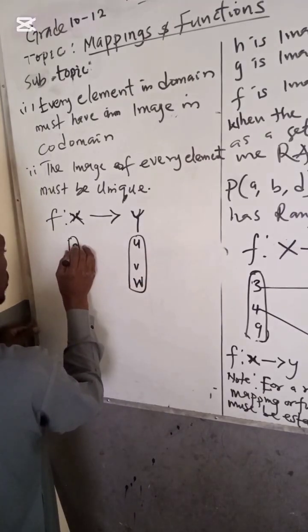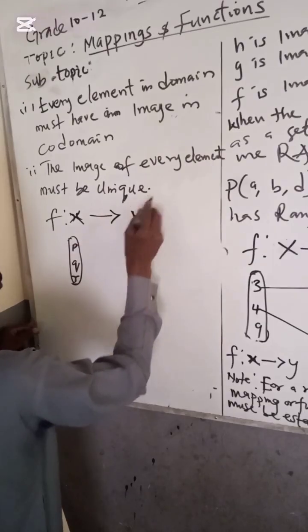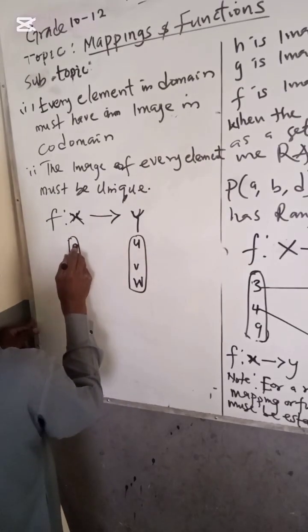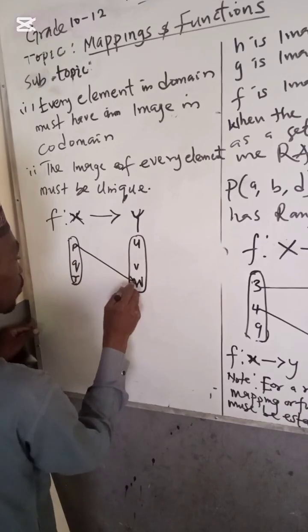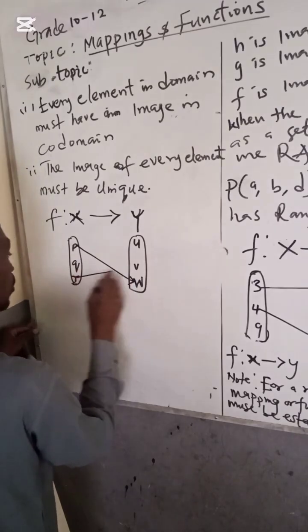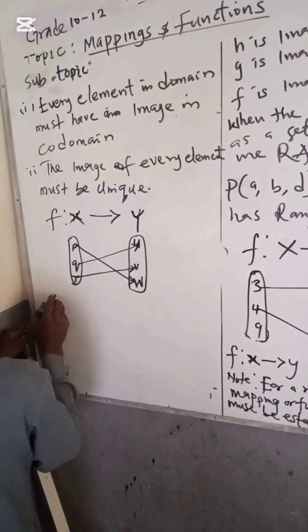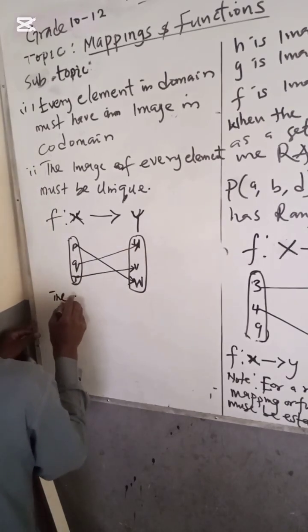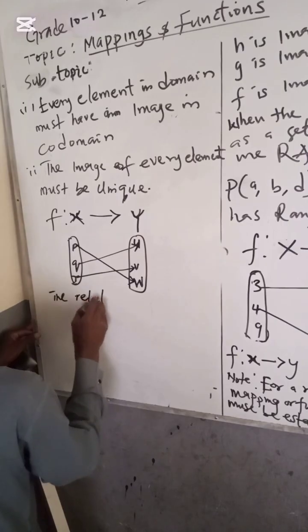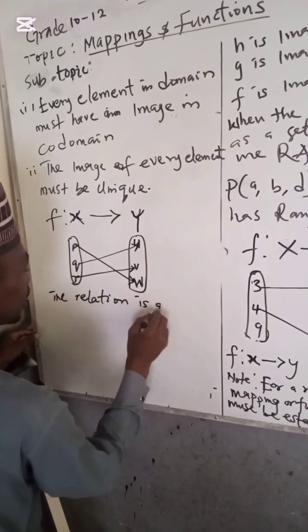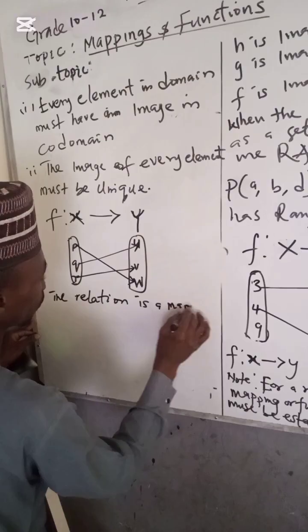Now look at this. If you have something like this, the relation above is a mapping.